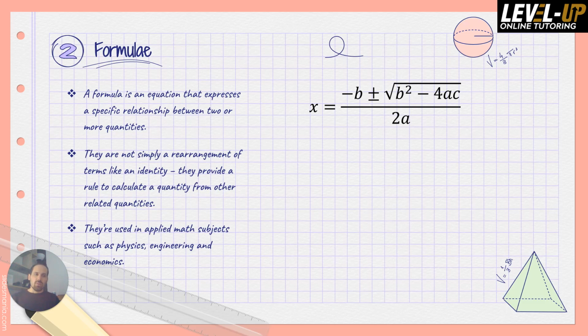We've seen how this shows a relationship when we have a quadratic equation. This formula here shows the relationship between the solution x and the coefficients of that equation a, b, and c. And with this formula, if we know what those coefficients a, b, and c are, we can then calculate the solution, and that's the formula.